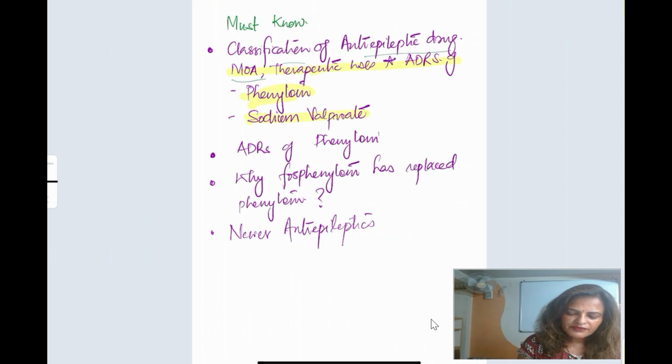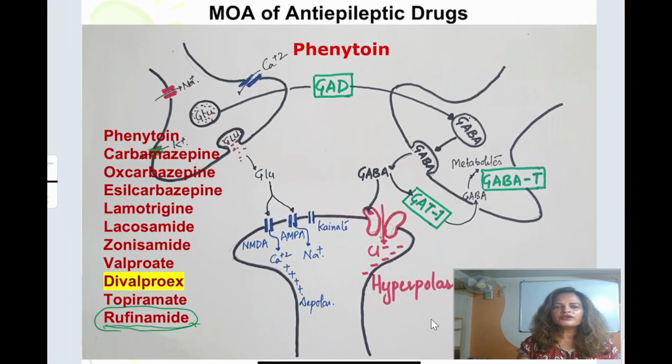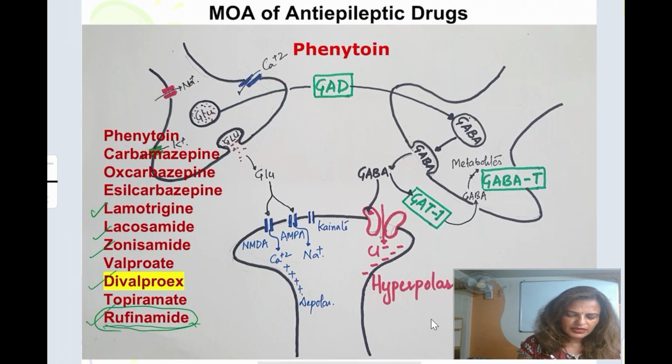Then adverse effects of Phenytoin come as a separate question. Then why the newer drugs have replaced Phenytoin. Newer anti-epileptics, here also I have told a few. So you can include under this category Lamotrigine, Lacosamide, Zonisamide, then Divalproex, and Rufinamide, Topiramate.